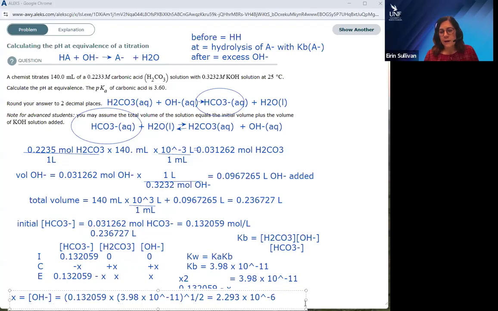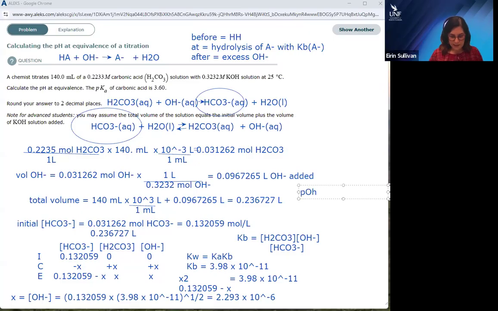So then I can calculate pOH from that. So pOH is going to be minus log of the concentration of hydroxide. So that is going to equal for pOH 5.64. So we're not done yet, right? So we have to subtract that from pKw. So pH equals pKw minus pOH.